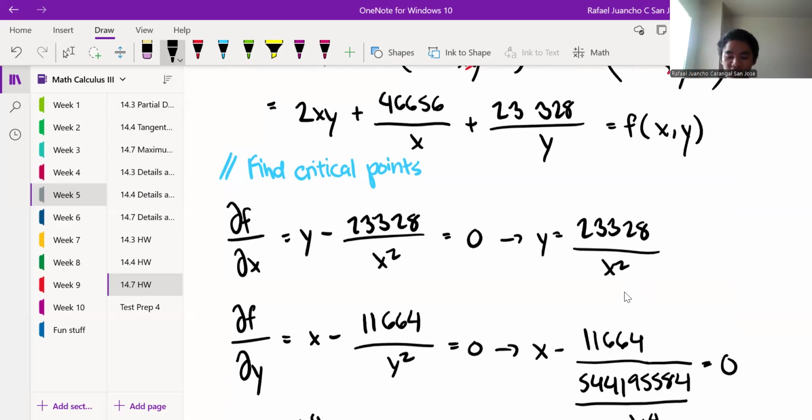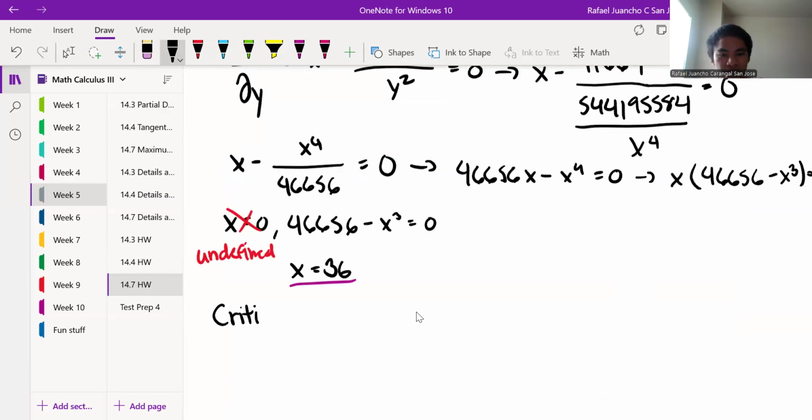I get 36 squared, I almost said cubed. So if I plug in my x there, I'm going to get y is 23328 divided by 1296. That's also 18. So that's my critical point right there.